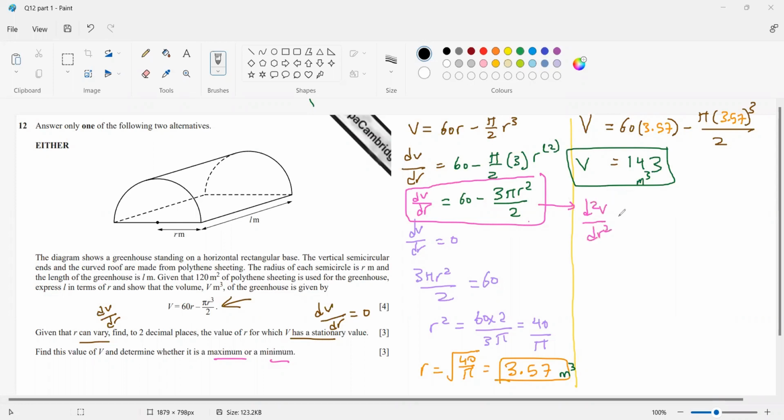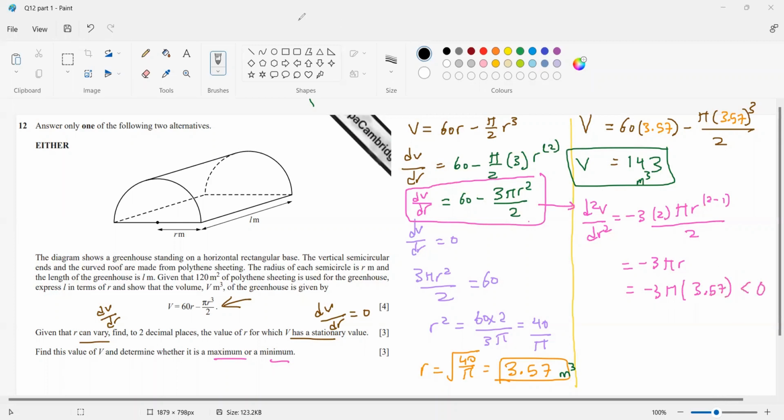The second derivative, as some people say. So it's minus 3 times 2 pi r over 2, so it's minus 3 pi r only. We just substitute the r value. We don't even need to calculate, because all we need is whether it's positive or negative.